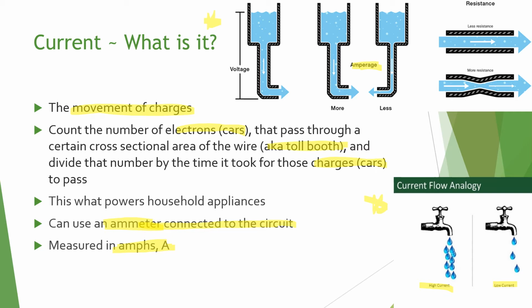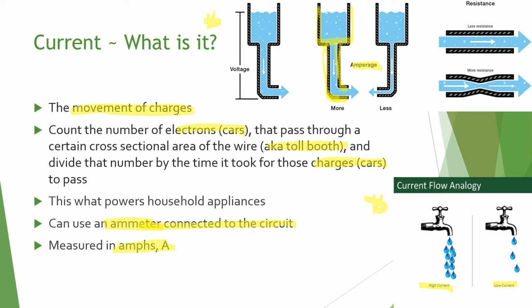In this water tank analogy, we have the tank up here, and then this hose down here that would drain the water out. When we use this analogy, I want you to remember that water represents the charge, so specifically electrons, and the flow of the water represents current, the flow of the electrons.